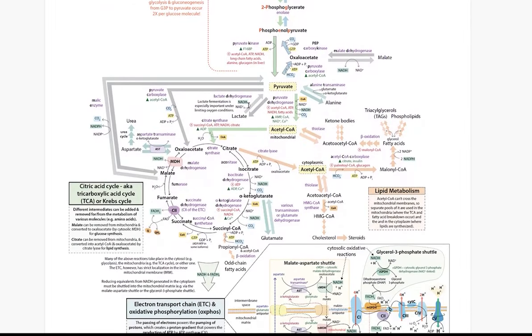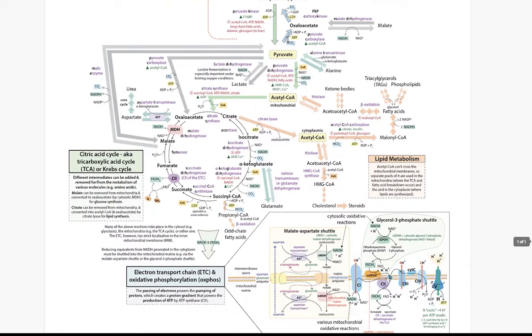We saw how if we wanted to make glucose from the citric acid cycle, we'd actually take out malate, and then we'd use that in order to go out of the cytoplasm, convert that back to oxaloacetate, and make our glucose that way. And now we have that pyruvate. Here we can actually convert pyruvate to alanine, and we can convert pyruvate to oxaloacetate.